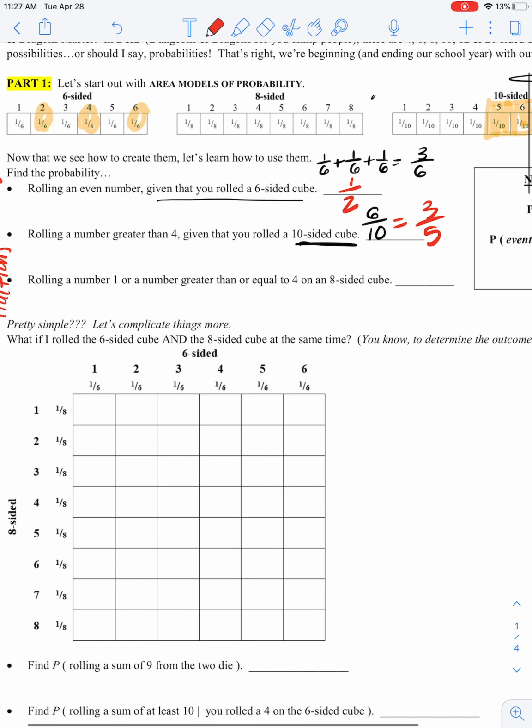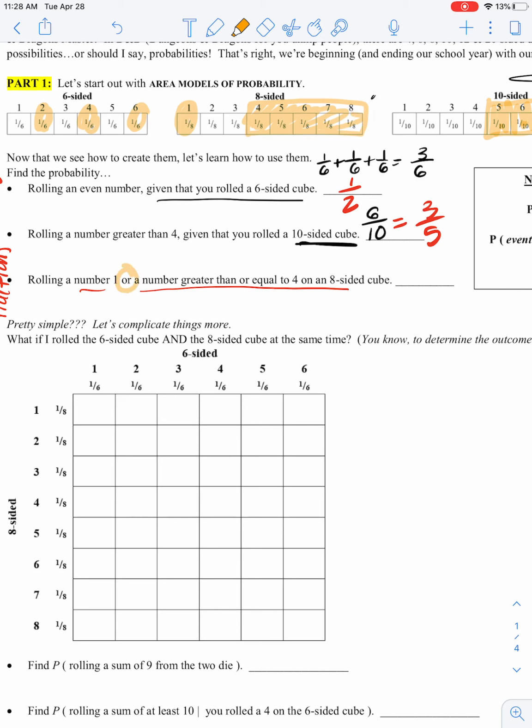And last but not least, rolling a number 1 or a number greater than or equal to 4 on the 8-sided cube. So again, highlight all your options. We want to find the probability of rolling the number 1 or a number greater than or equal to 4. So that includes all of these numbers.